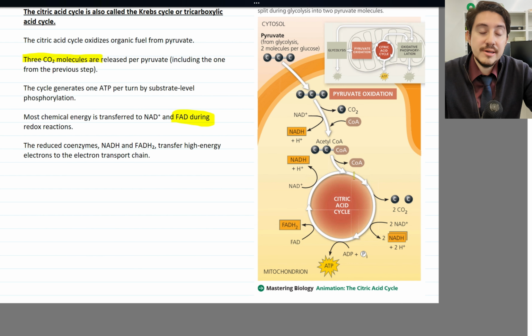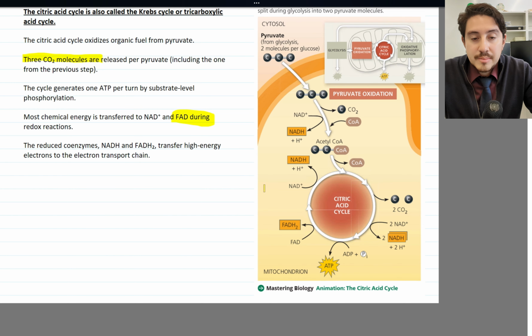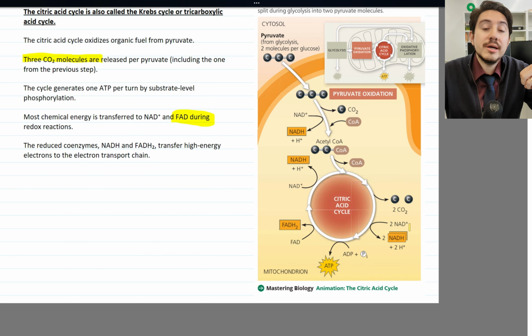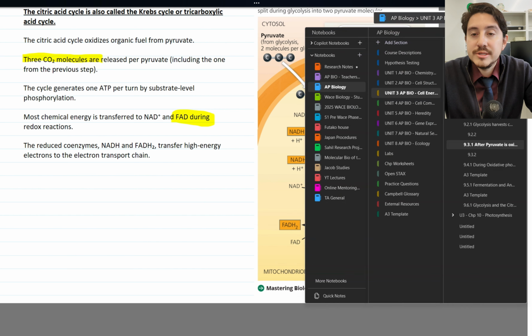You can say pyruvate oxidation and the citric acid cycle. And then here, glucose is completely broken down. Ultimately, you have acetyl-CoA coming in. As these carbons are removed, electrons and hydrogens are also extracted to produce NADH and ATP. Again, this is happening in the mitochondria. Let's look at it more in detail.